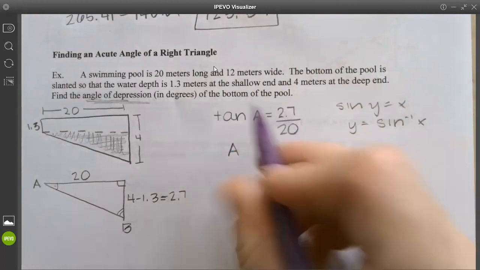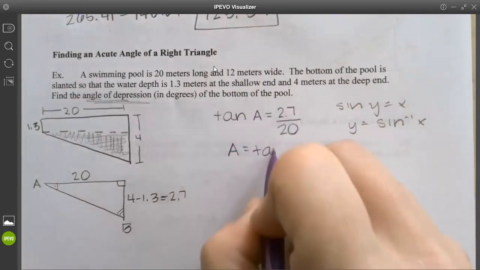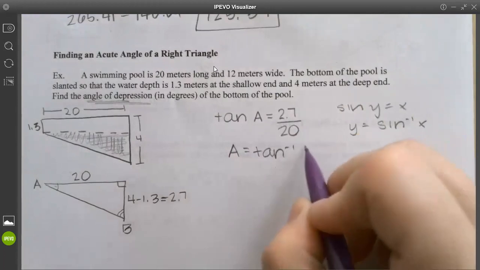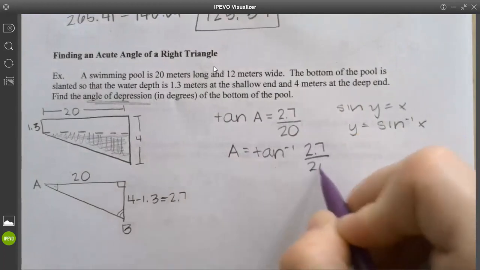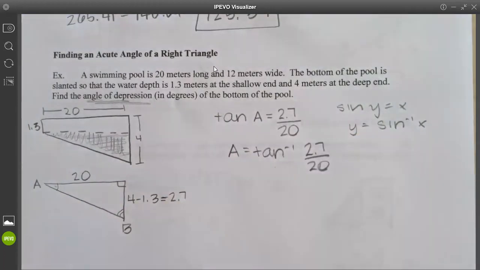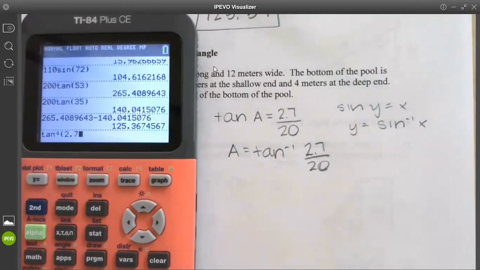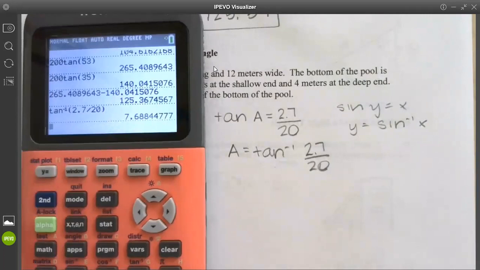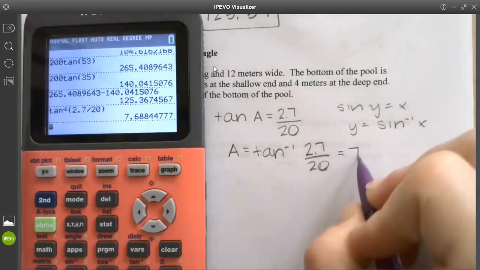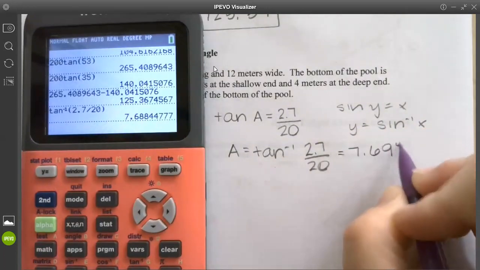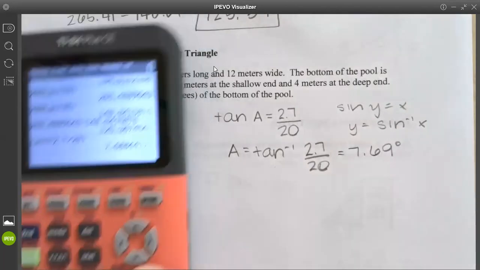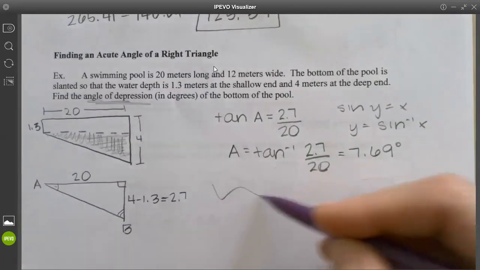So when you're looking for the degree, you're going to do the inverse tan of that value. Second tan, 2.7 over 20. Make sure that you're in degree mode because we're looking for degrees. So what do we get? 7.69 degrees.